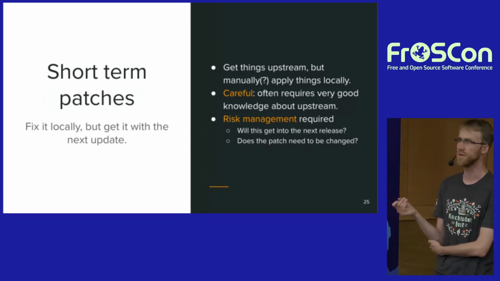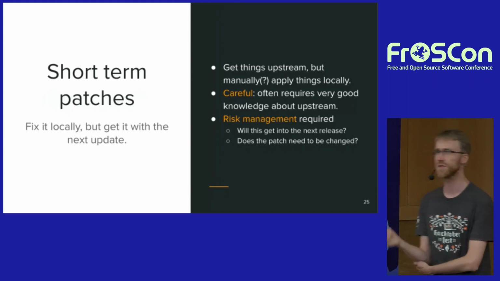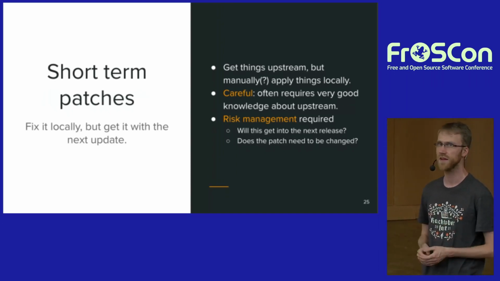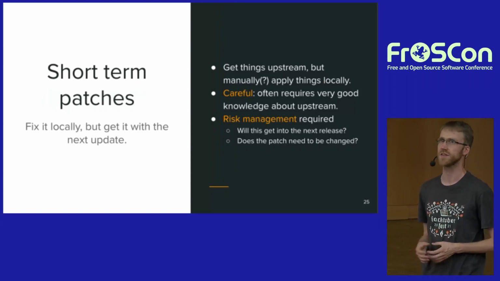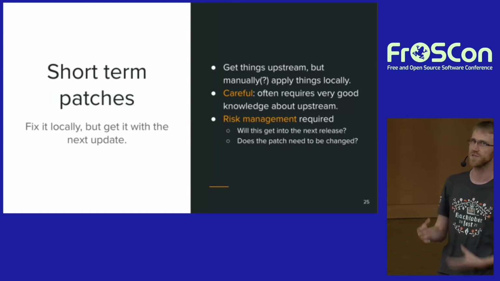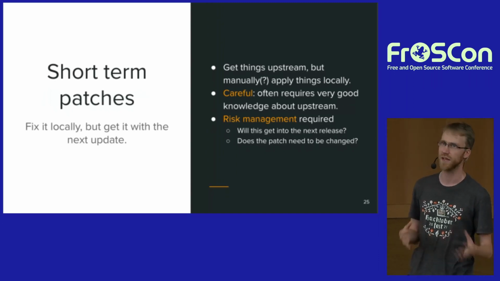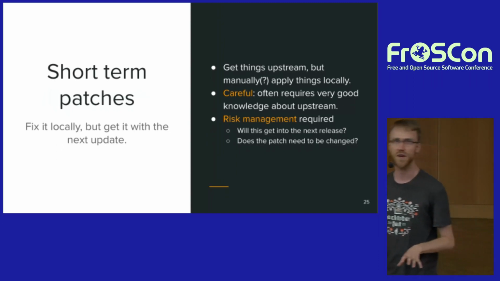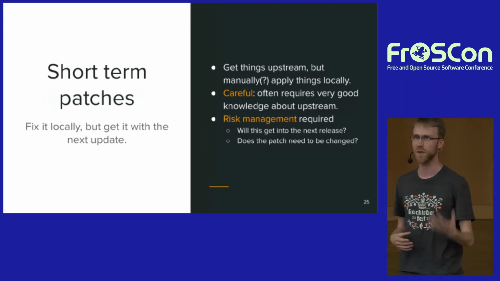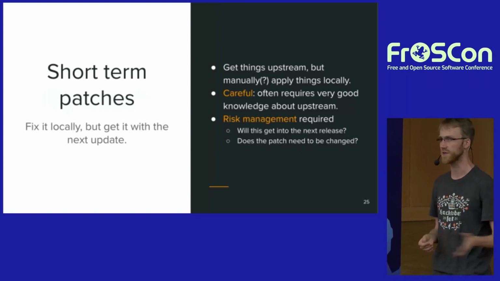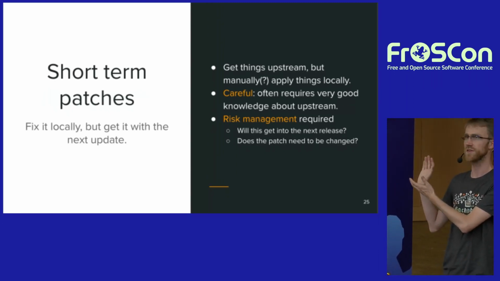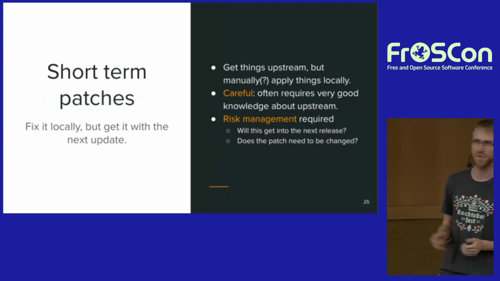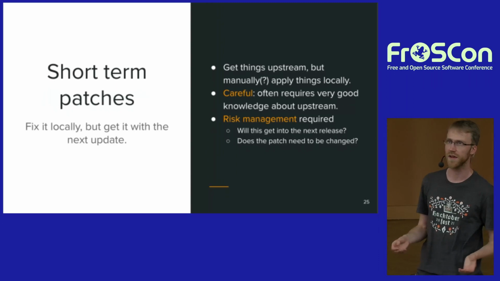Hopefully you can even maintain this only for the current version and then get the patch with the next update. You don't actually need to build a large infrastructure for keeping track of your patches. You just need a small note or a small documentation on, yeah, there's this one specific patch, and hopefully linked to the upstream pull request. This is in a few days or weeks, and we don't really have to maintain this long term.